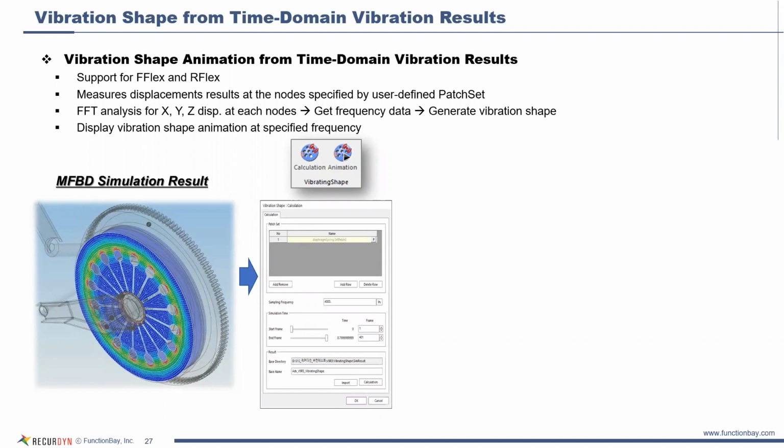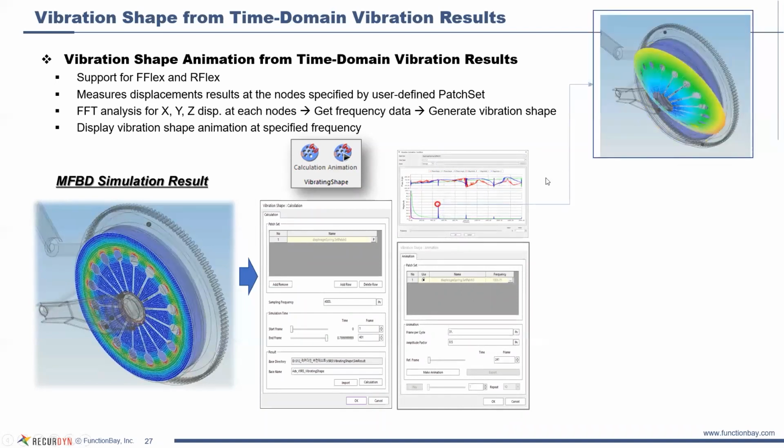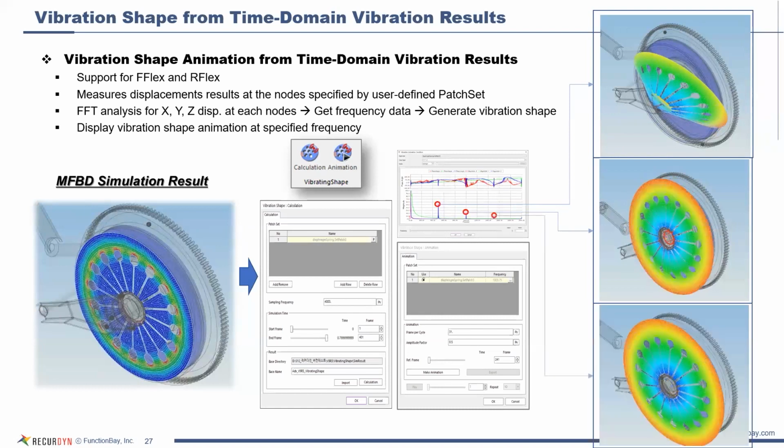Once that post-analysis is complete, the results will look something like this, where you can view the results of the FFT analysis and identify your different peaks. This first peak is one of the main modes, and then you can identify the other modes.